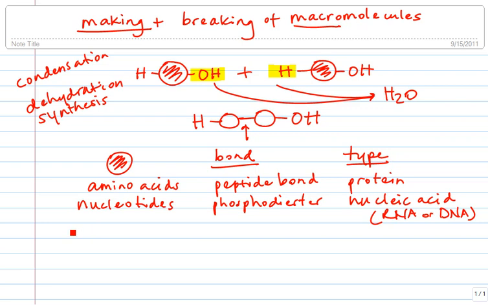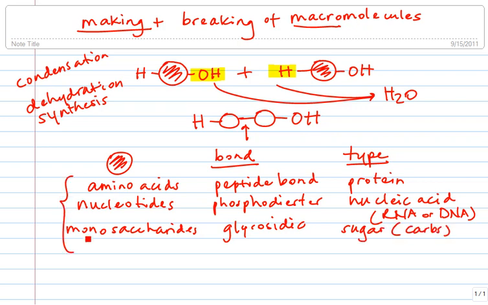If you string together monosaccharides, then you are making glycosidic bonds, and you've made yourself a sugar. Think of carbohydrates or carbs. These molecules tend to be polymers, poly meaning many, mer meaning parts, so they start with a linear sequence of parts.